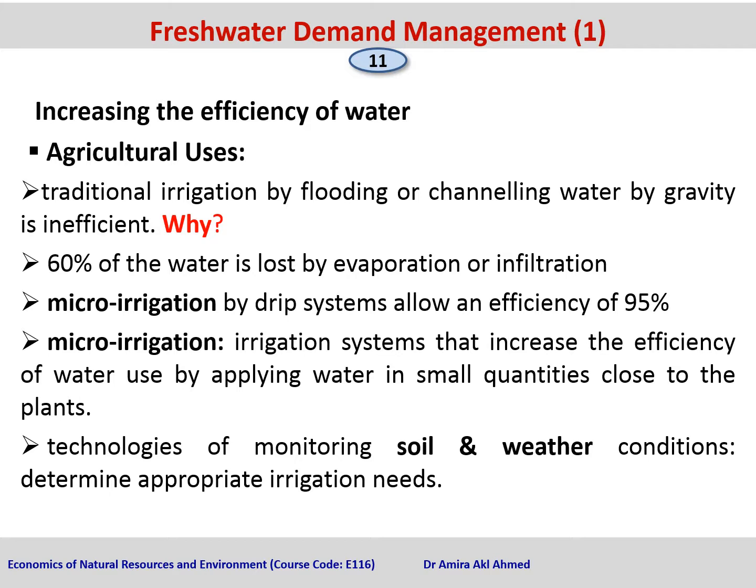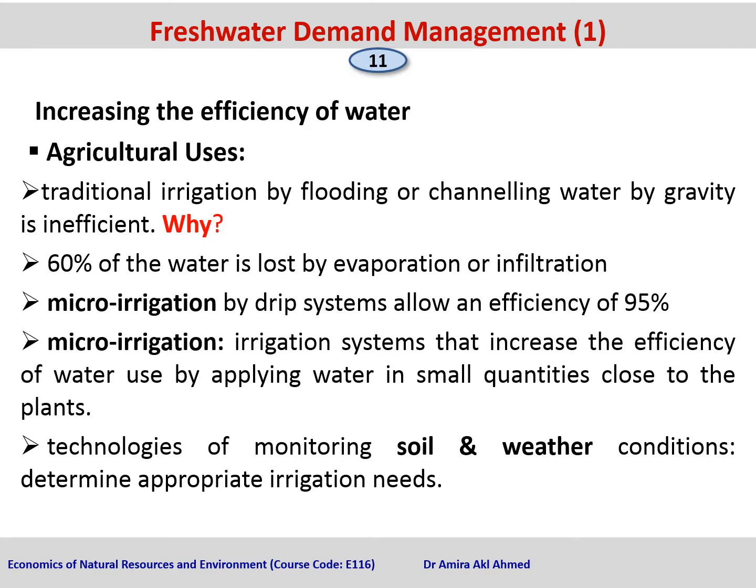Traditional irrigation methods by flooding or channeling water by gravity are not efficient. This is because around 60% of the water is lost by evaporation or infiltration.